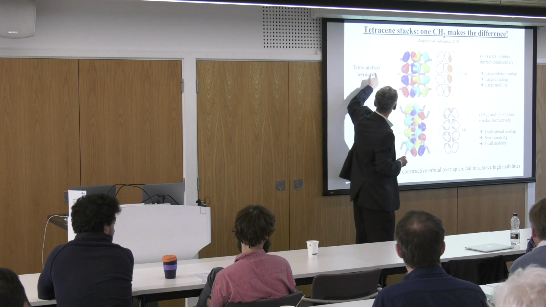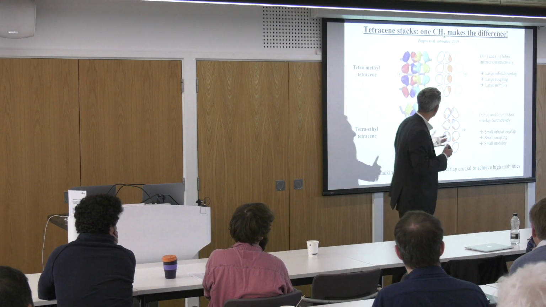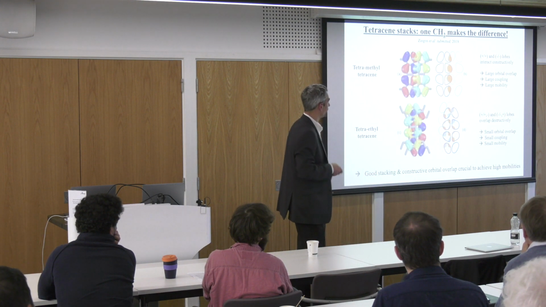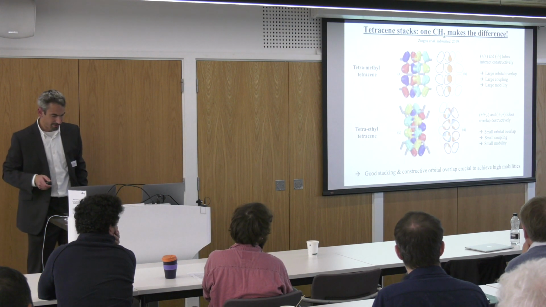Now, on the methyl, so just one CH2 less, the stacking is just slightly different, but different enough that you go from a destructive to a constructive orbital overlap. You nicely see here plus plus, minus minus, plus plus, minus minus. That gives a large overlap and large coupling. That's basically why these two are at opposite sides of the spectrum.